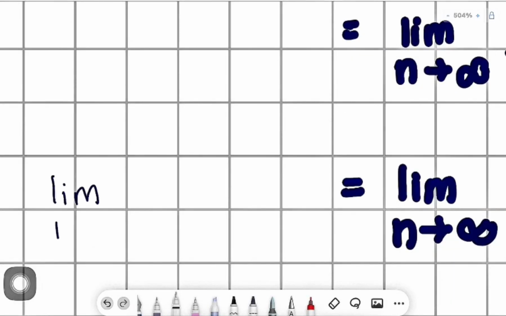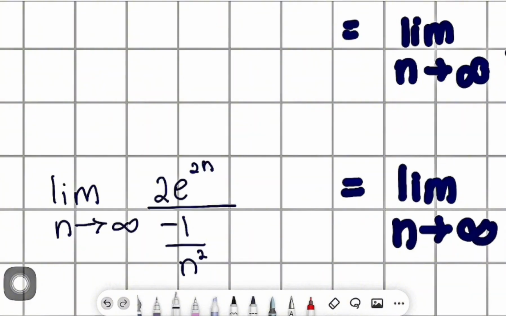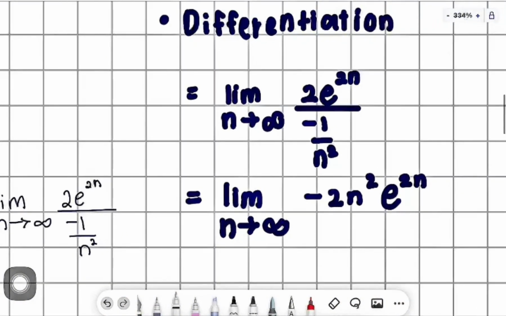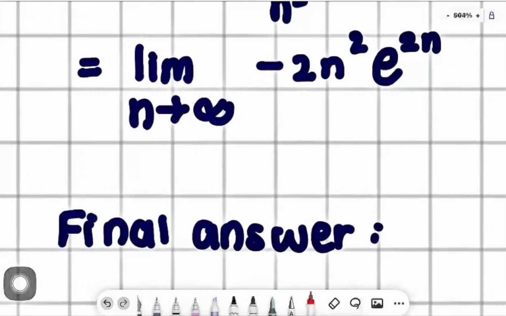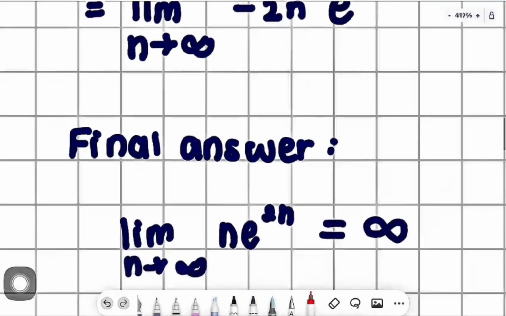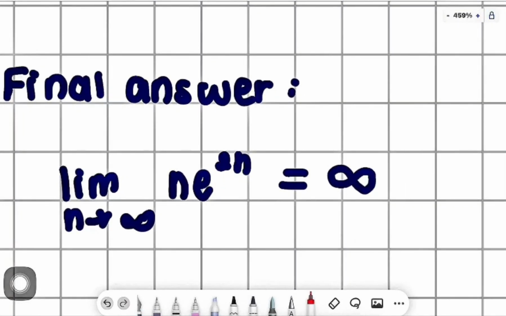So we can get the final answer: the limit as n approaches infinity of 2n multiplied by e to the power of 2n is infinity.